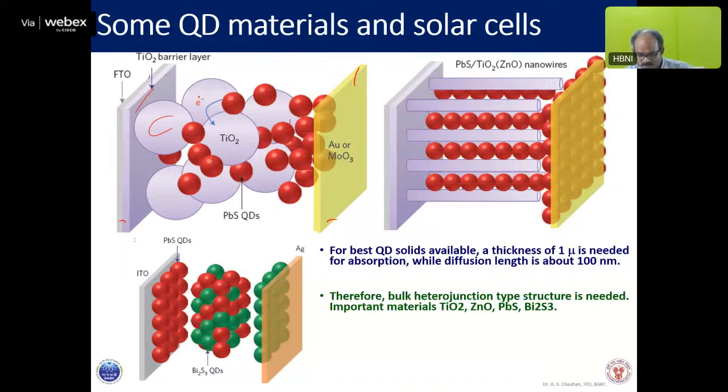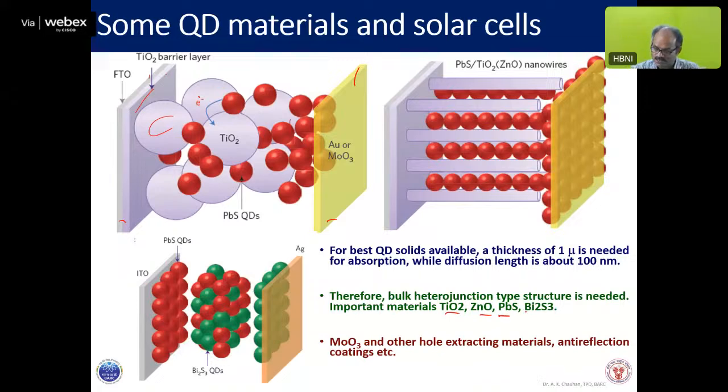For the best quantum dot solids available, a thickness of about 1 micron is needed for absorption, while the diffusion length is about 100 nanometers. Therefore, a bulk heterojunction type of structure is needed. Important materials are TiO2, zinc oxide, lead sulfide, and MoO3 and other hole extracting materials, anti-reflection coatings, etc. They are similar.